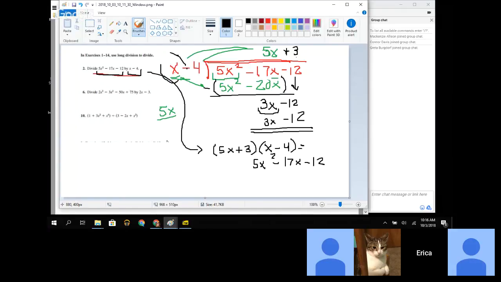So who knew? Who knew that you could divide polynomials, right? Very exciting, right?